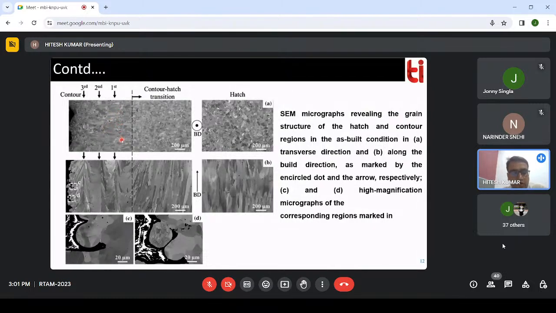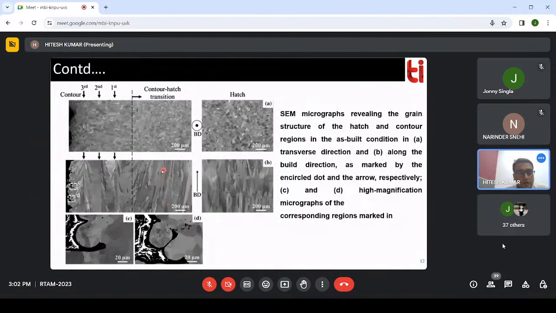But if we talk about the build direction, it's basically taken on the surface. Now we are talking about the build direction, how the build direction looks. You can see there are some cracks already observed, like this, you can see these are the cracks, or you can see the growth is not taking place in a proper way.